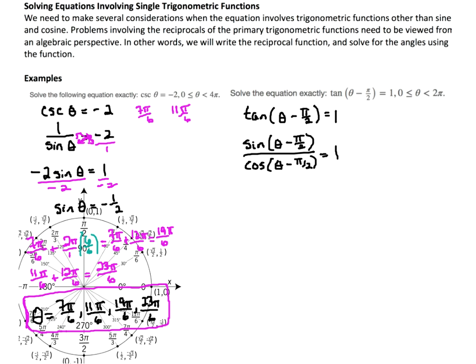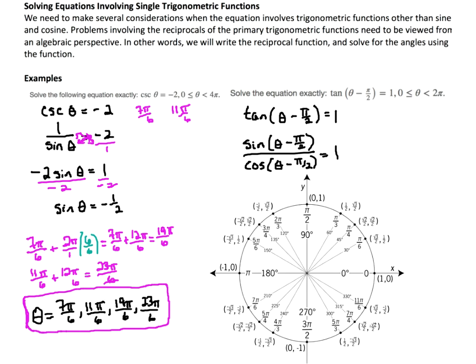And so if I look at my unit circle, let's see if I can grab it here. There we go. If I look at my unit circle, you can see that sine is equal to cosine at pi over 4.